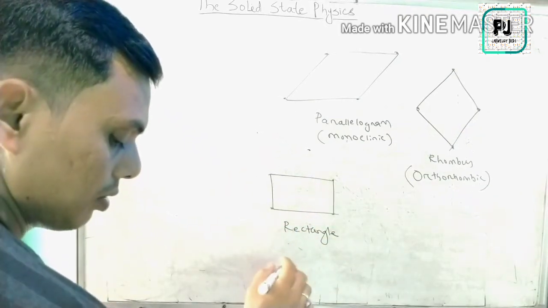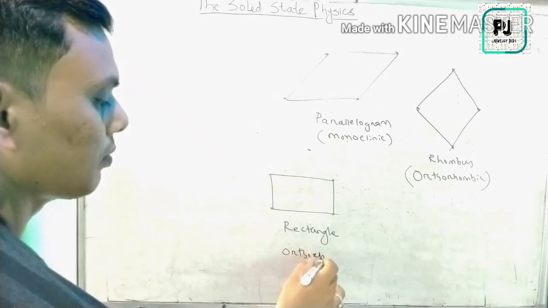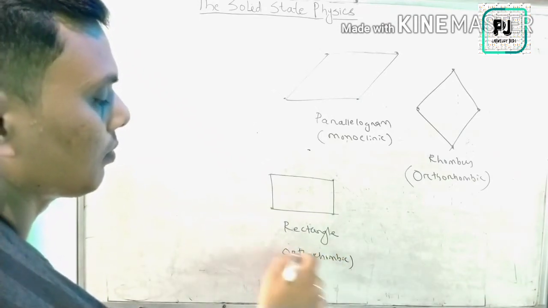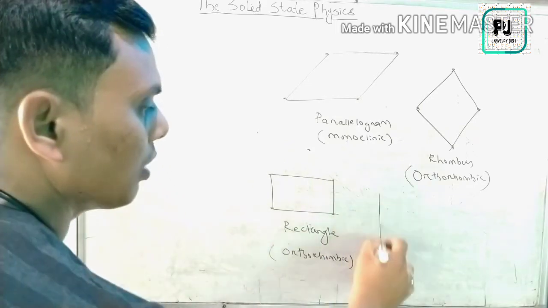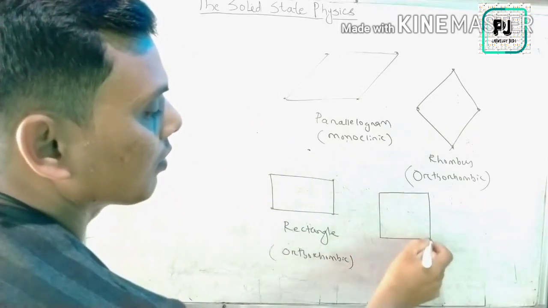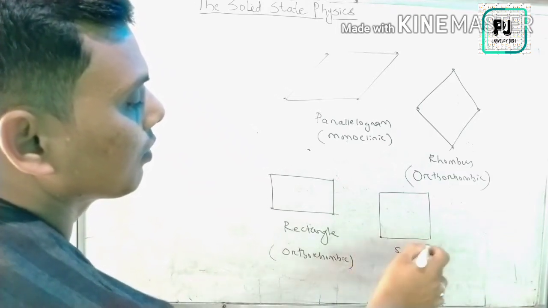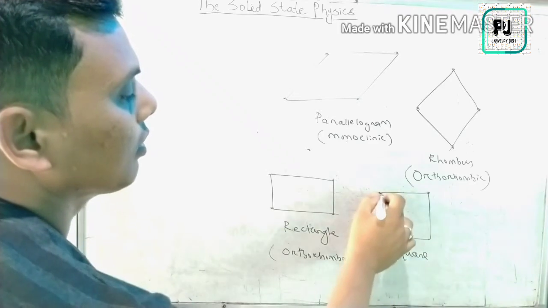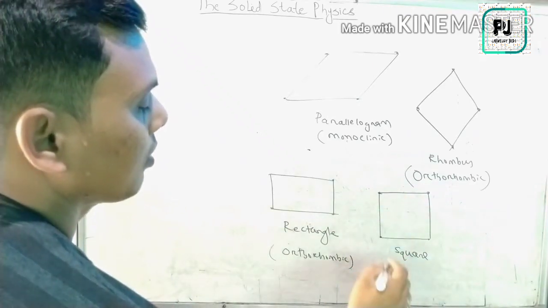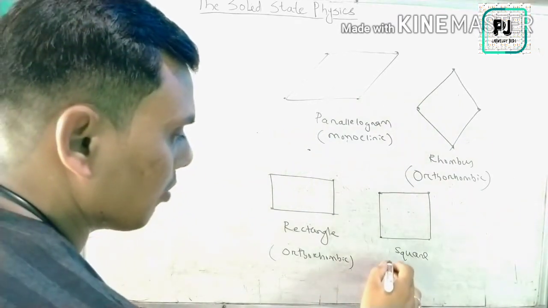This is also orthorhombic. Then square. Actually, these figures are for the two-dimensional tetragonal.